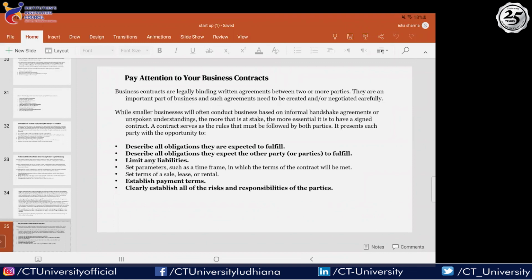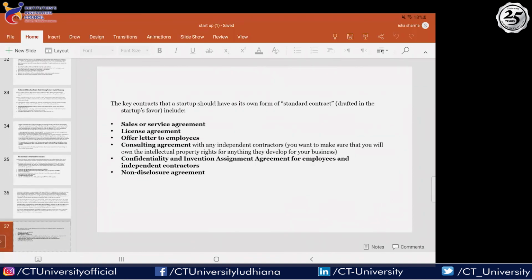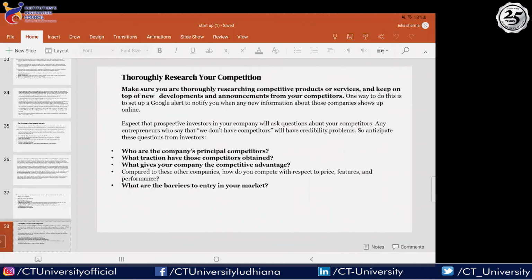What are the payment terms that need to be very specifically written, like whether there will be an advance payment, a full payment, or phase wise payment, all that needs to be written. And what are the risks and responsibilities of the party, like if in case something goes wrong, who will be held responsible for what? That needs to be written very carefully. So these are the different agreements that we've already discussed.